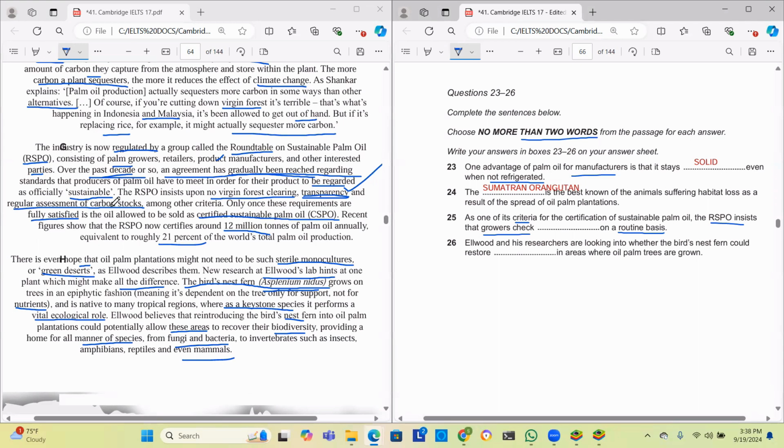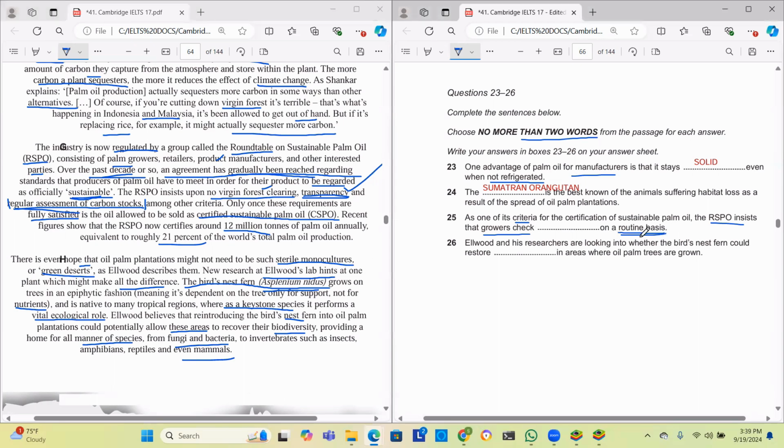So yeah, over the past decade, agreement has been gradually reaching producers of palm oil to regard as officially sustainable. The RSPO insists upon virgin forest clearing, transparency, and regular assessment of carbon stocks. Okay, what do you mean by regular assessment? A regular assessment, a routine basis.